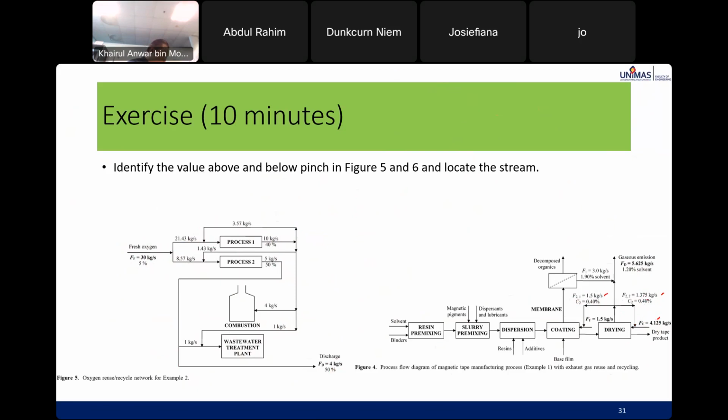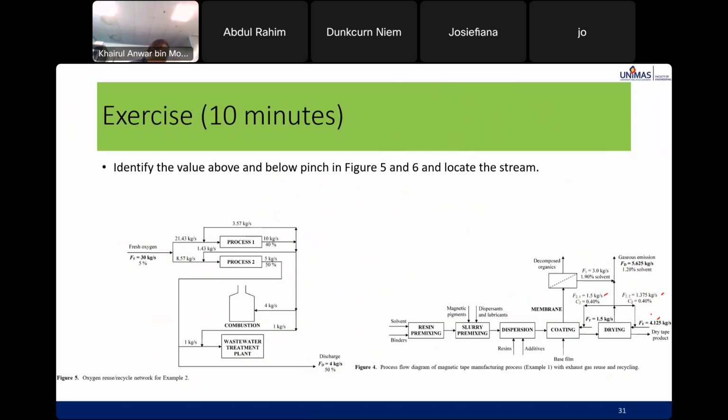So this plus this, we get 5.5 kilogram per second, which is, if you refer back to figure 1 before the revision of PFD, for drying, the exhaust gas is actually 5.5 kilograms per second, which is tallied with F22 plus 4.125.